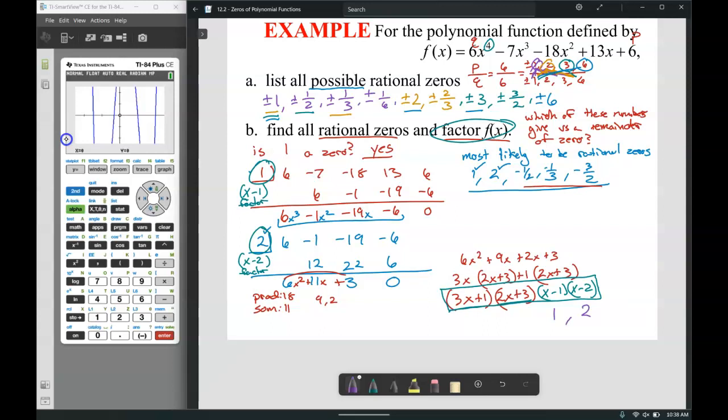And then if we set both of these equal to 0, 3x plus 1 and 2x plus 3, we're going to get the zeros of negative 1/3 and negative 3/2. And so we don't really have to do any extra work because we've got it factored and we know our list of possible rational zeros. So those are our actual zeros right there. So we've got our zeros and we've got our factors.